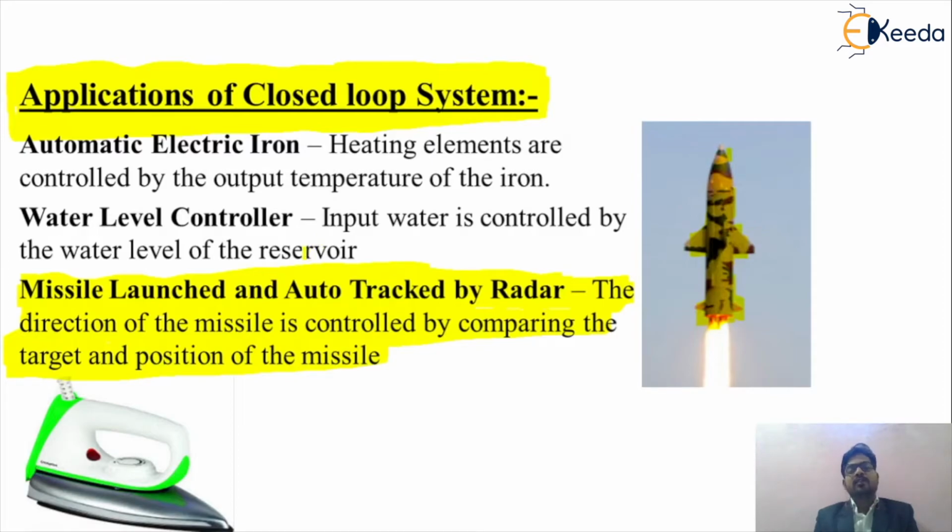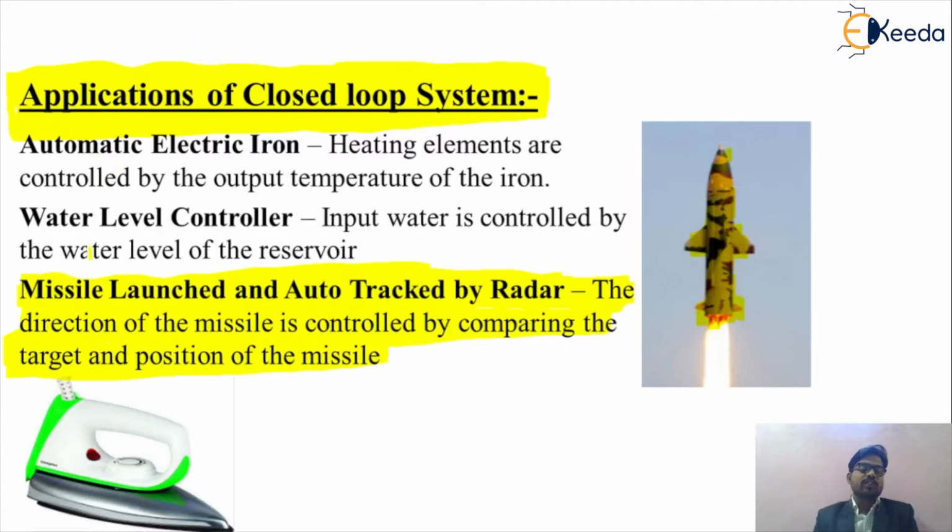For that, the direction of the missile is controlled by comparing the target and the position of your missile. In this system we prefer the closed loop control system, and India has great power in control systems. That's why India has developed so many missiles like Agni and Prithvi. This is our strength of India.